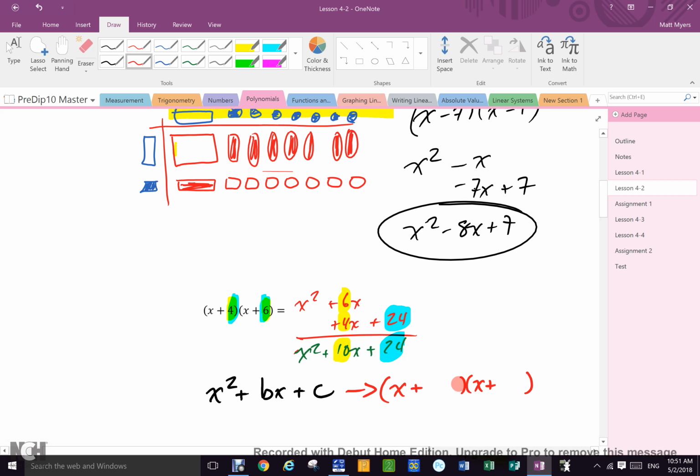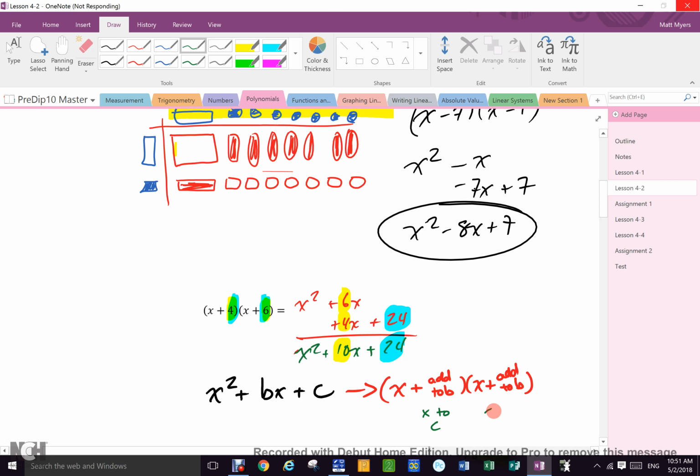They have to add to b and multiply to c.